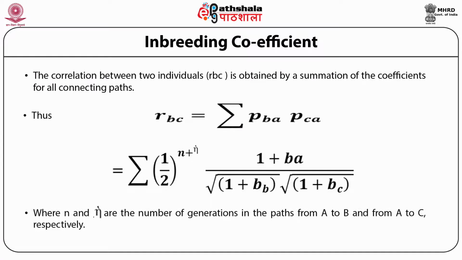where n and n' are the number of generations in the paths from A to B and from A to C respectively.